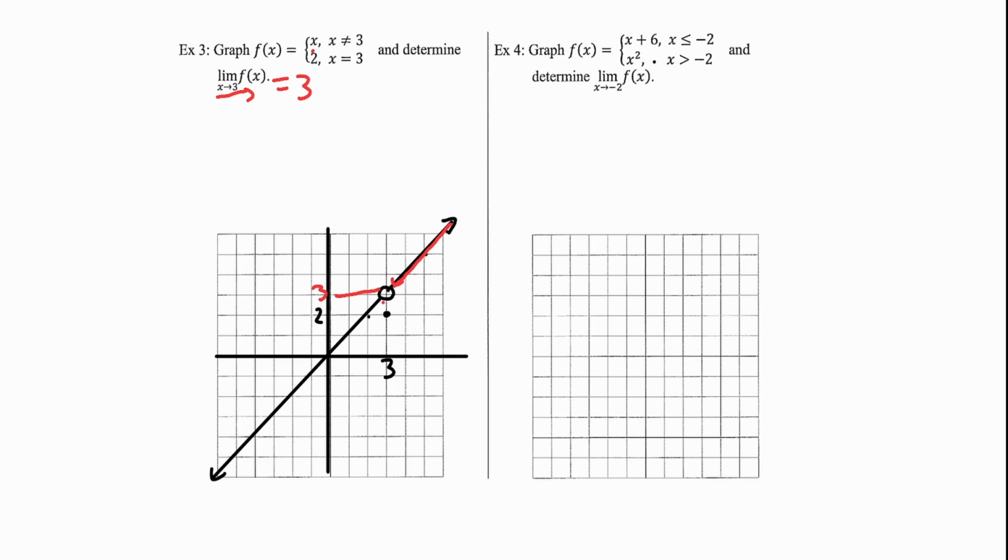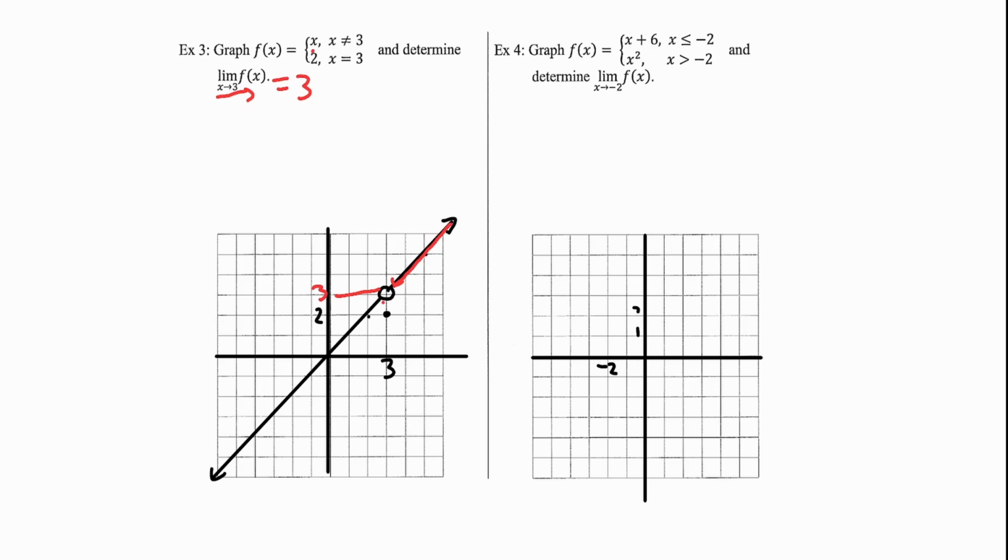Our next example is we're asked to graph f of x is equal to x plus 6 when x is less than or equal to negative 2, and x squared when x is greater than negative 2. And we're asked to determine the limit as x approaches negative 2 of our function. So again, let's start by graphing. And so here we have negative 2, and we're asked to graph x plus 6 when x is less than or equal to negative 2.